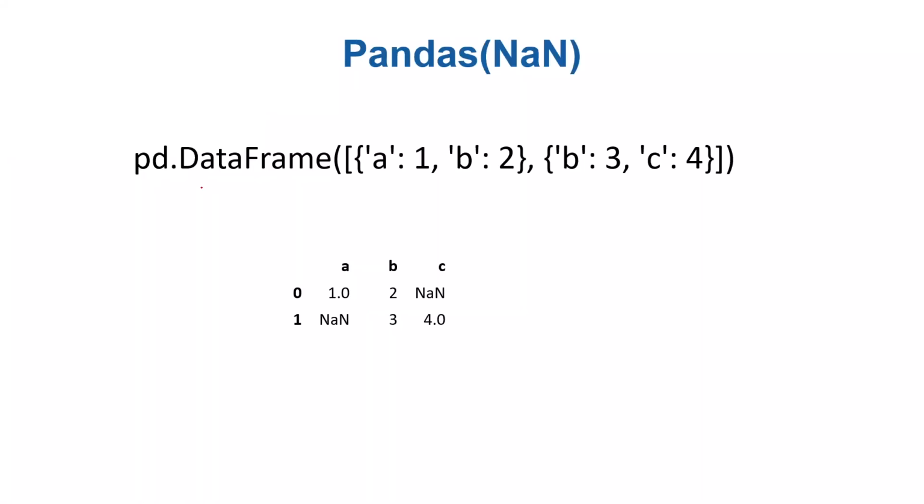Okay, in the last video we saw the data frame object, and how to add and remove columns, how to process data, how to index, how to mask, or apply conditions and selections in Pandas.